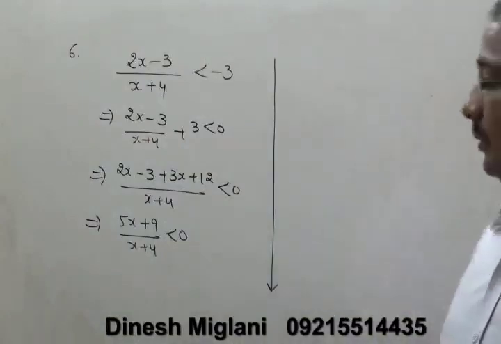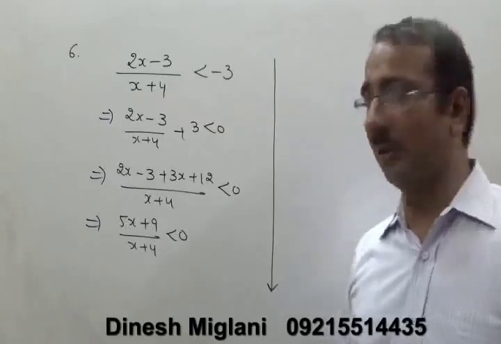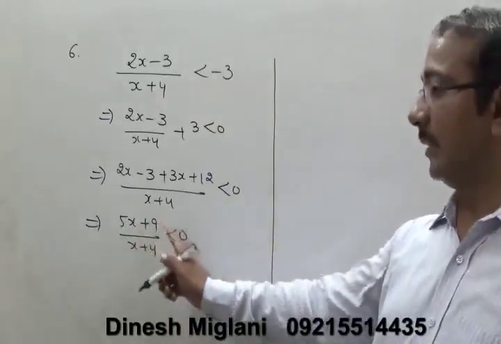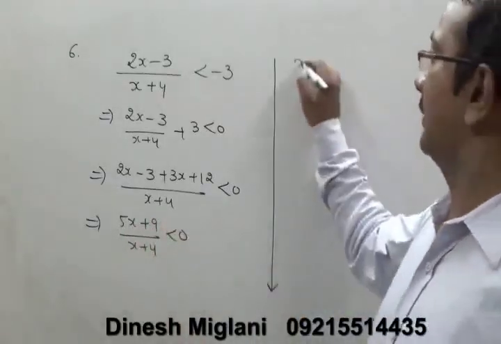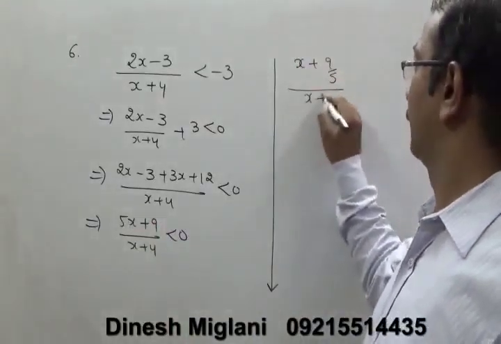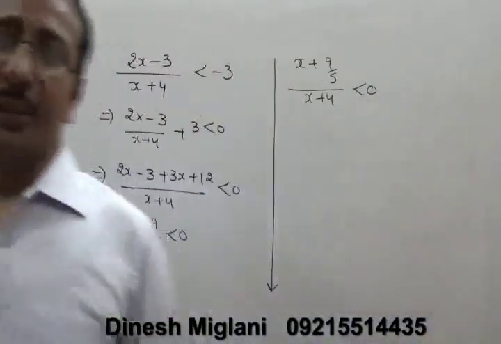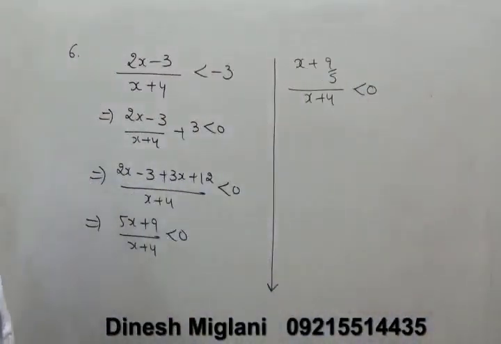But first of all, take 5 as common, because we have to make the coefficient of x to be 1. It becomes (x plus 9 by 5) upon (x plus 4) less than 0, because 0 divided by 5 is 0.